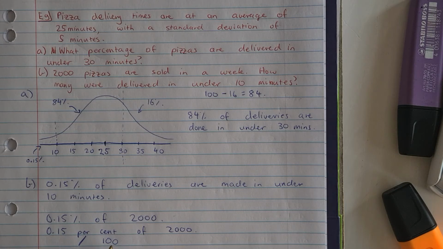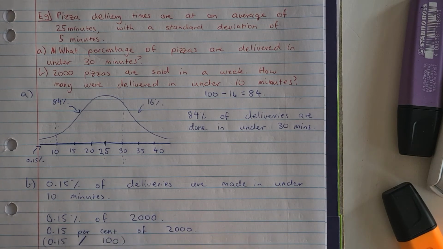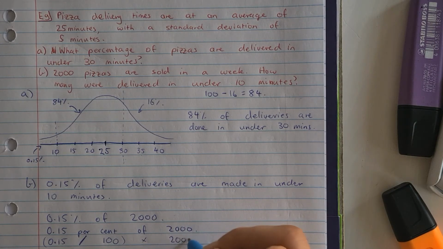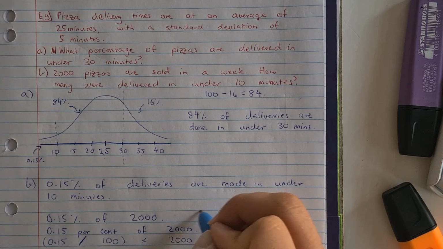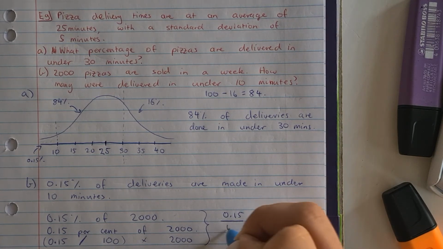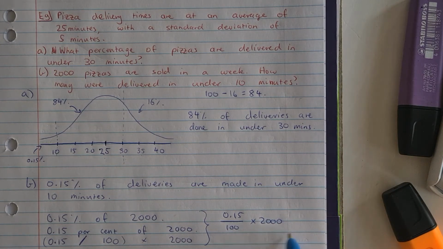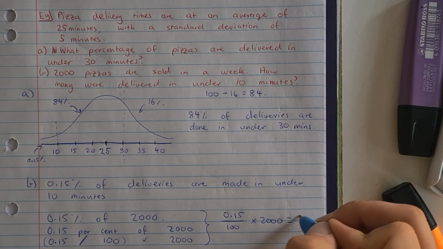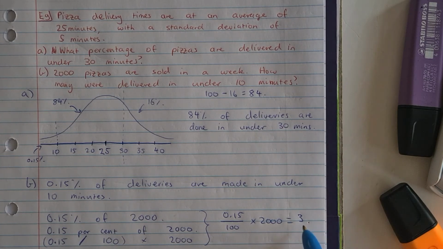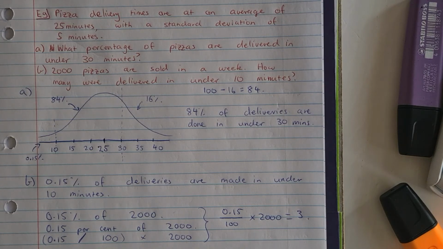So when you type this in your calculator, you've got 0.15 over 100 multiplied by 2,000. And this looks a little bit better if you write it like this. If you chuck that in your calculator, you will get an answer of 3. So in total, 3 pizzas were delivered in under 10 minutes.